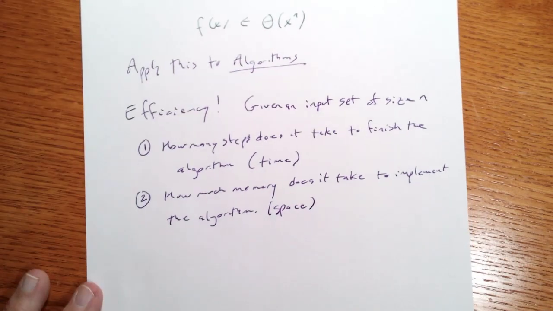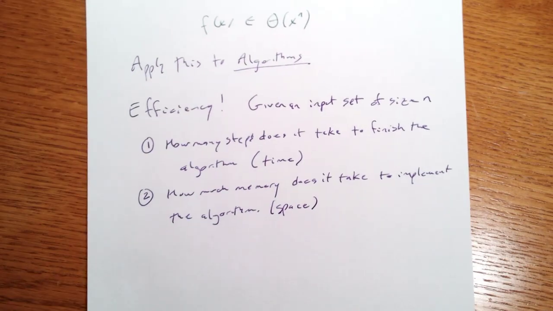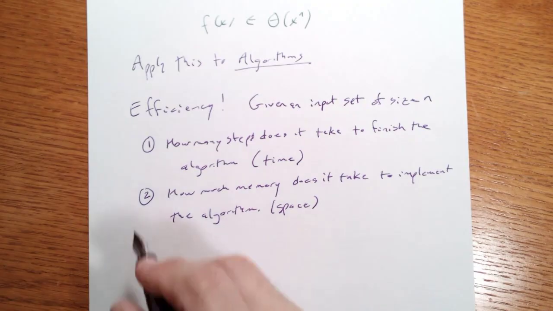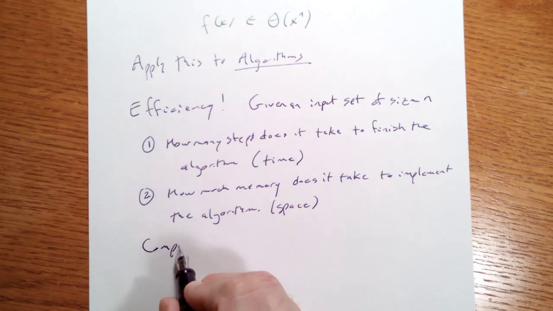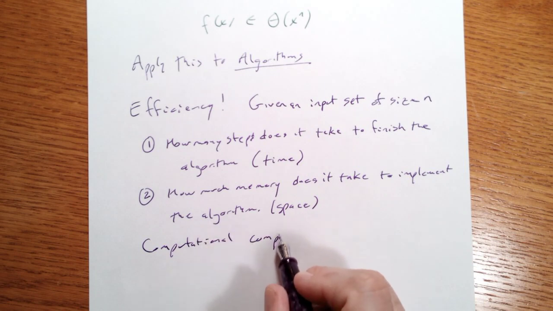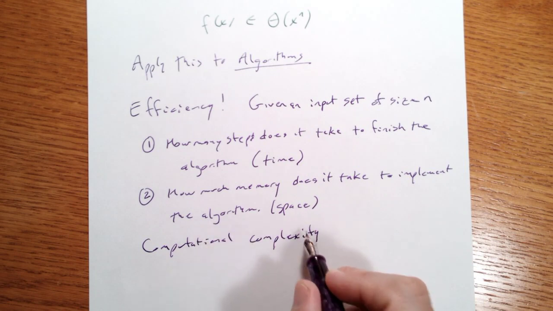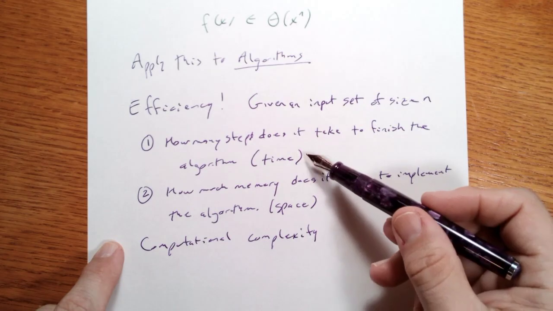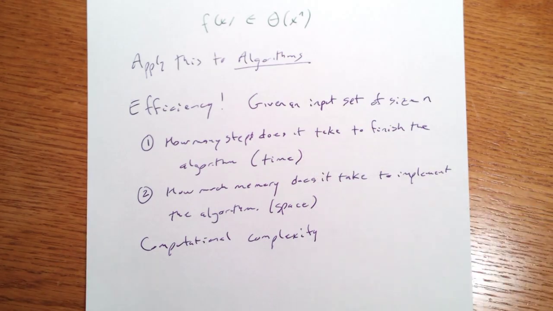How many slots of memory, how many bits, how many bytes, how many meg of memory does this algorithm take to implement? We have time complexity and space complexity, and the general coverage for both of these is called computational complexity. Almost all algorithms today are more concerned with time complexity than space complexity. Used to be the other way around.